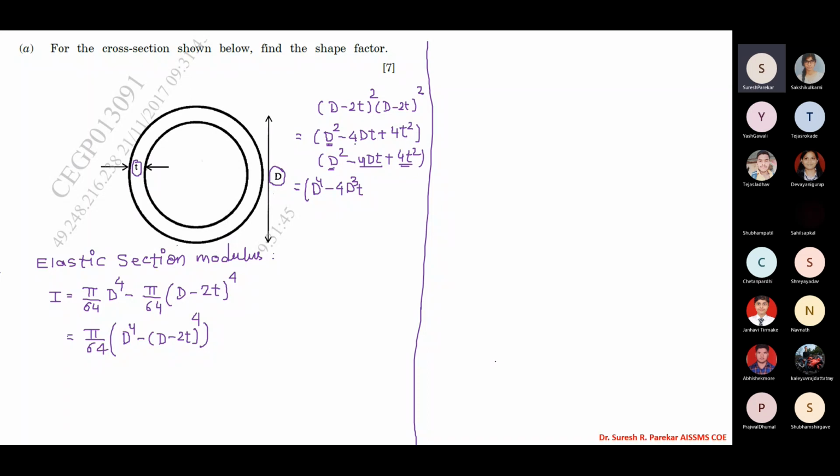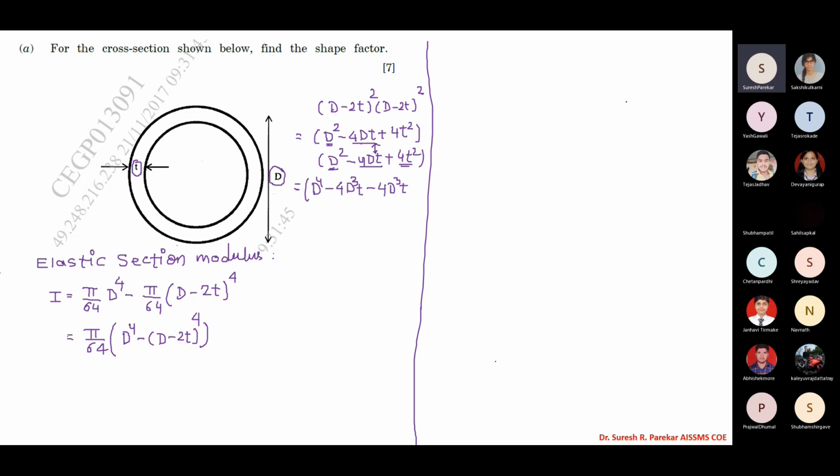Then we will multiply with the second, minus 4dt into d square. So we will get minus 4d cube t. Then 4dt into 4dt contains t square, so neglected.